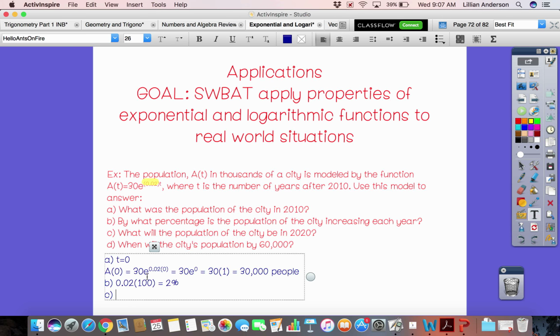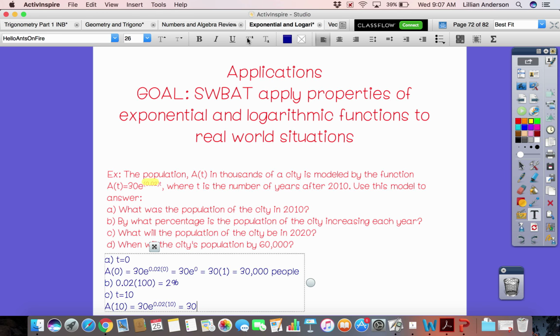What would the population of the city be in 2020? Well, since the equation is modeled for the number of years after 2010, 2020 is 10 years later. So basically t equals 10, and so you're going to plug in 10 into your equation to figure out the population in 2020. So that's going to be 0.02 times 10.